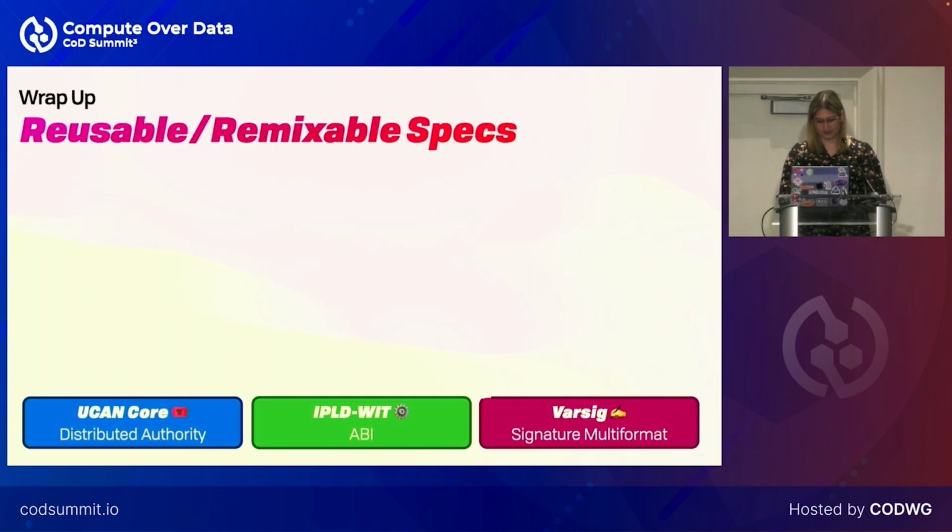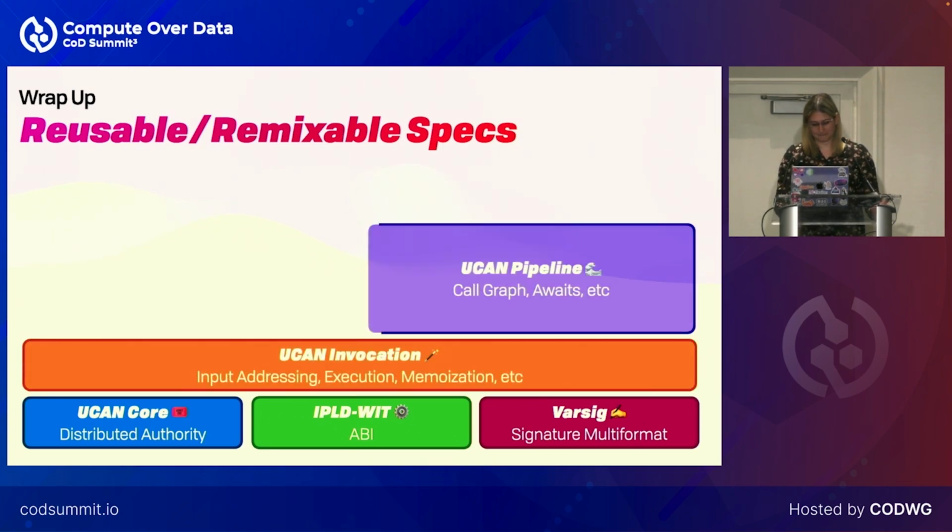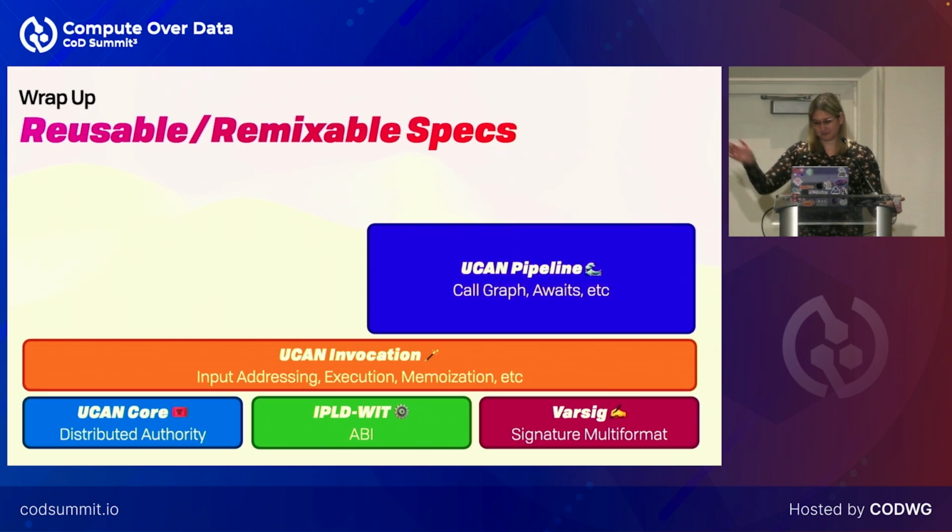So we have UCAN for authority, IPLD WIT for the IPLD WIT ABI interaction, VARSIG, which we would have called multisig, but it's how to sign over multiple things and how to differentiate between different signature types in IPLD. UCAN invocation and UCAN pipelines, which you've heard about a fair bit today.